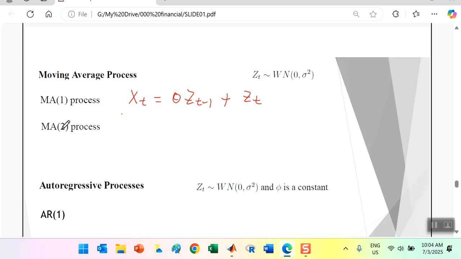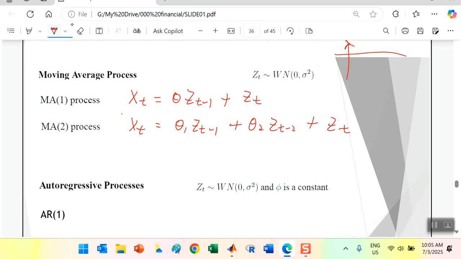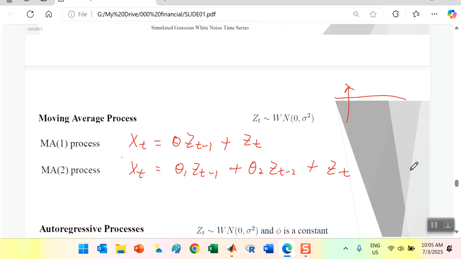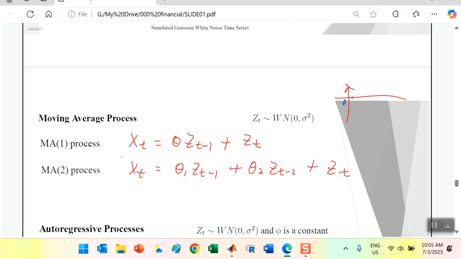Then for lag order 2, let's say, you have Xt equals theta 1 Zt minus 1, plus theta 2 Zt minus 2, plus Zt. In this case, there's no constant involved, which means your series starts from 0 basically, and the fluctuation will be around that.